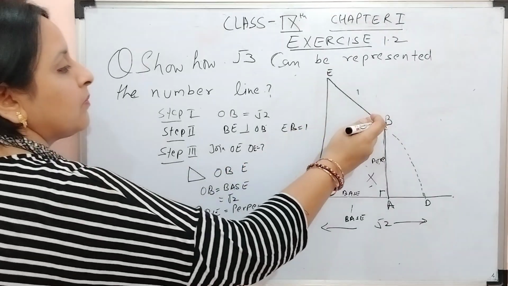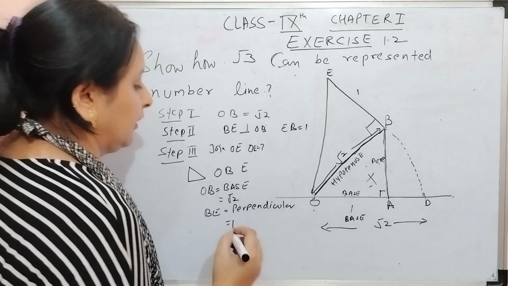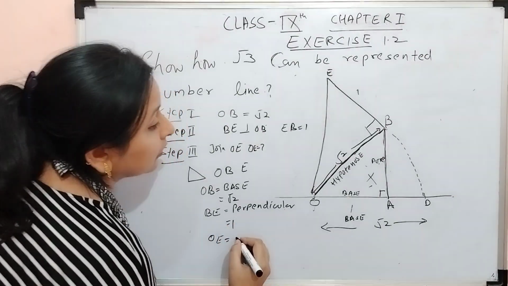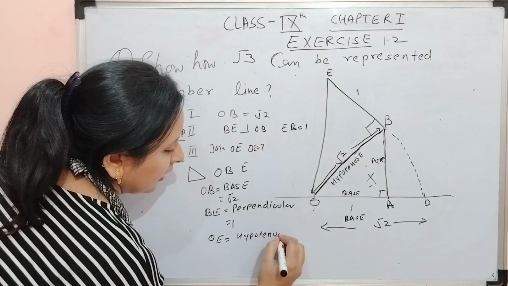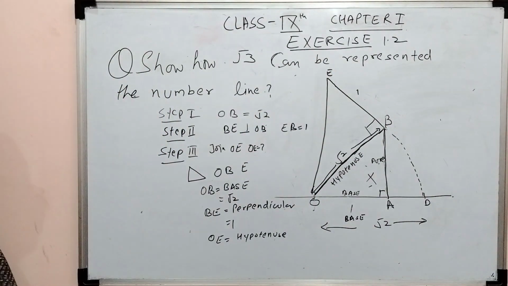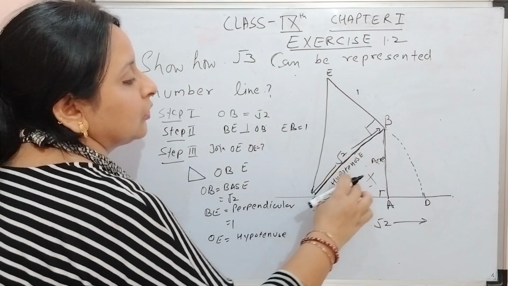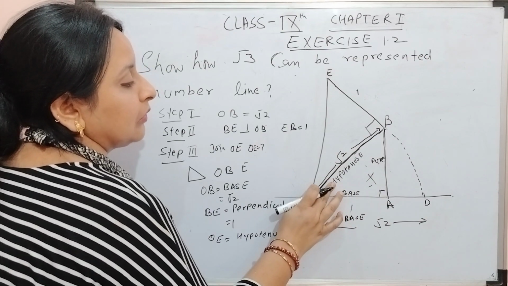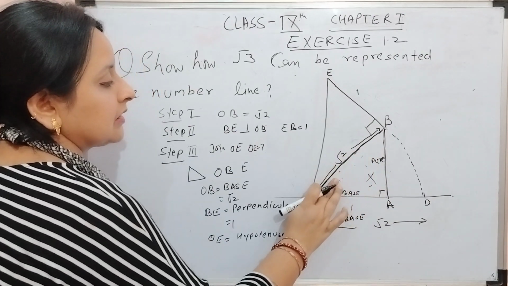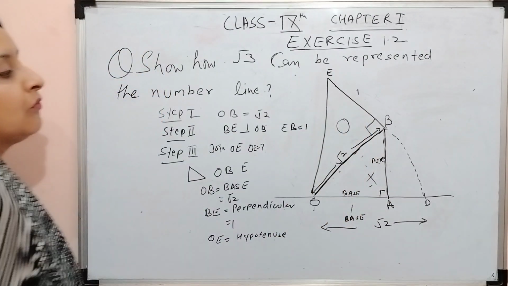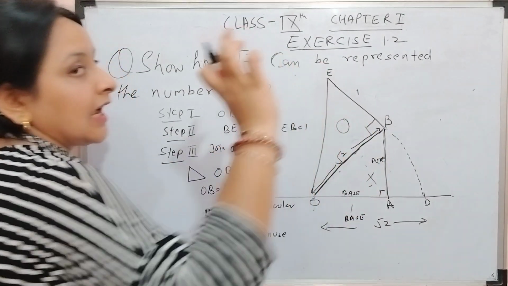The side opposite to the right angle is called the hypotenuse, so OE is the hypotenuse, and basically we have to calculate the value of OE. In the last class when we calculated the value of root 2, that line was the hypotenuse for triangle OAB. Now we are not taking that triangle, we are looking at this triangle. For this triangle, OB is base, BE is perpendicular and EO is hypotenuse.